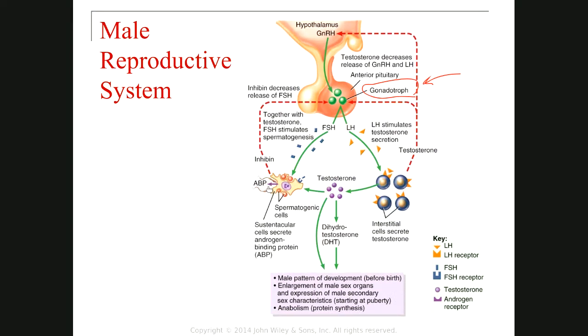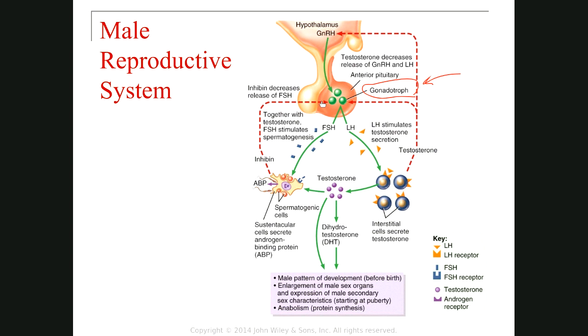When our seminiferous tubules become full of fluid and sperm, the Sertoli cells go under pressure. When they go under pressure, they start to release inhibin. Inhibin is a hormone which works on our gonadotrophs and does negative feedback.